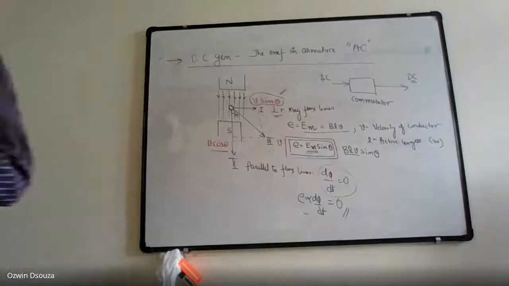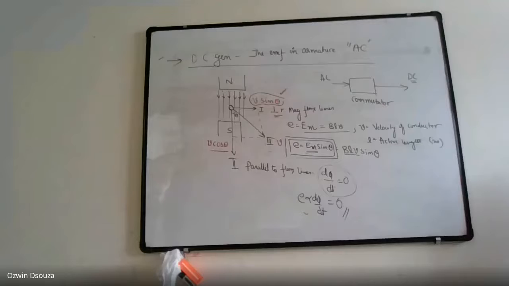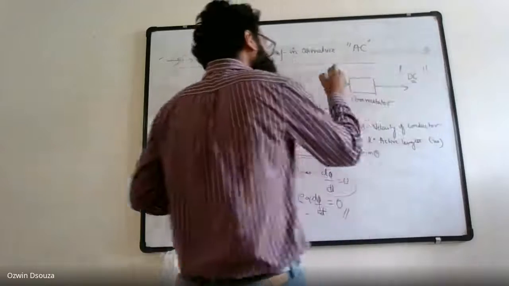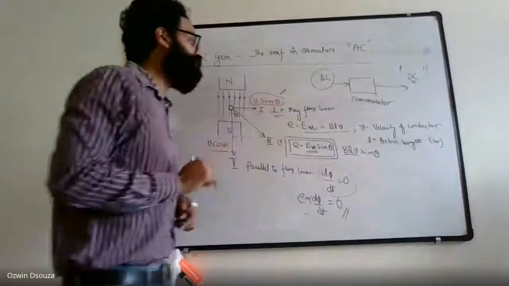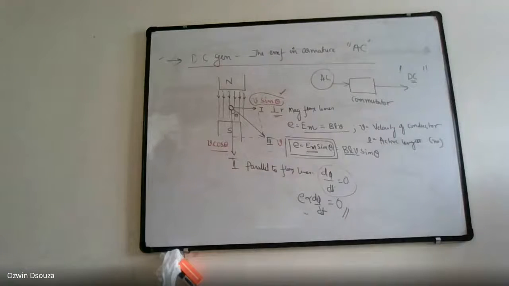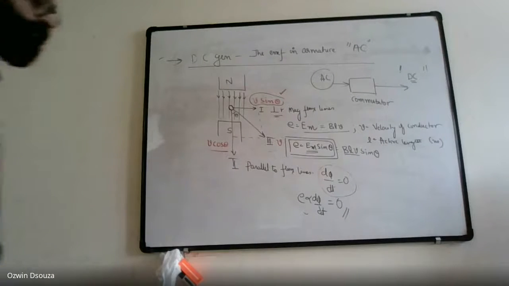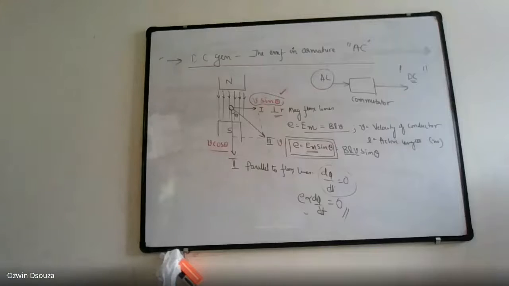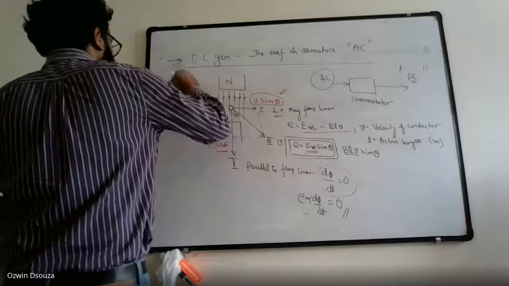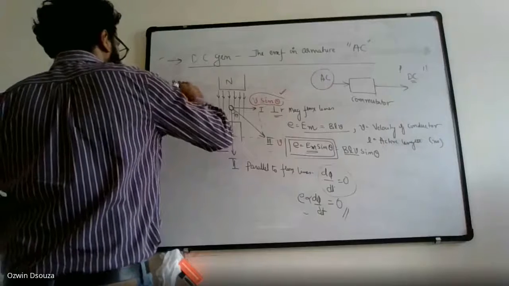So the voltage which is coming out of the commutator is direct current or DC. On the other hand, the voltage which is present in the armature is always AC. You have to be very clear about it. All right, so that's the working principle of DC generator.